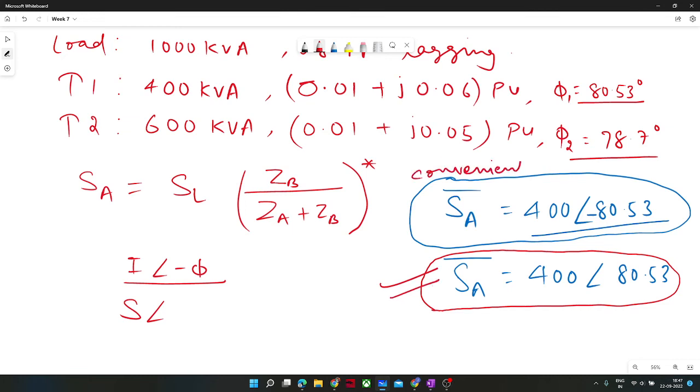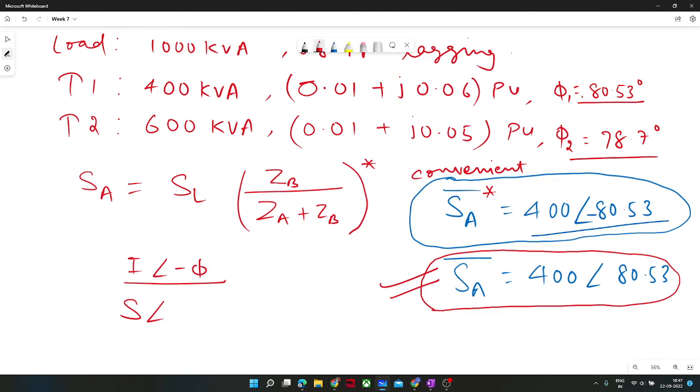No, the first one is real. This is conjugate actually, SA conjugate, but we don't write SA conjugate anywhere, right? So why am I writing in minus, and how is it convenient?